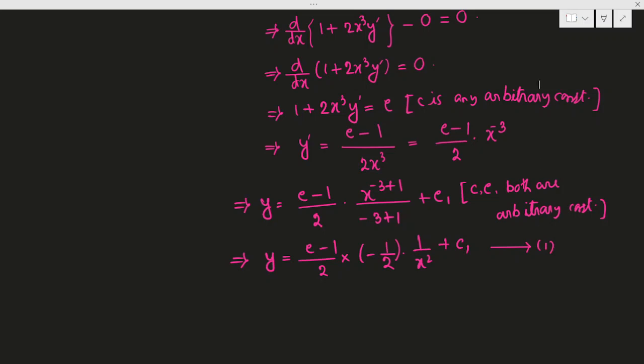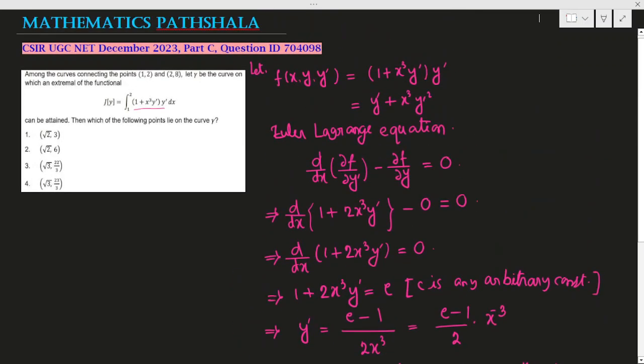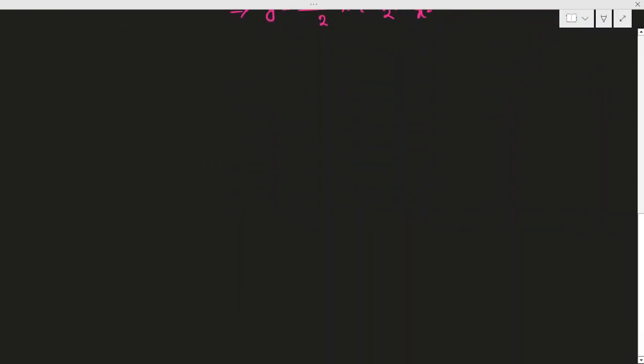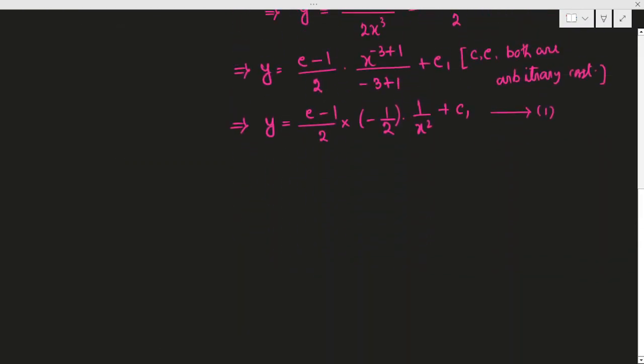Now as given, we can use here the given conditions, as these 2 points (1, 2) and (2, 8) lie on this curve y. So if we put x is equal to 1 and y is equal to 2 in 1, then what do we get?